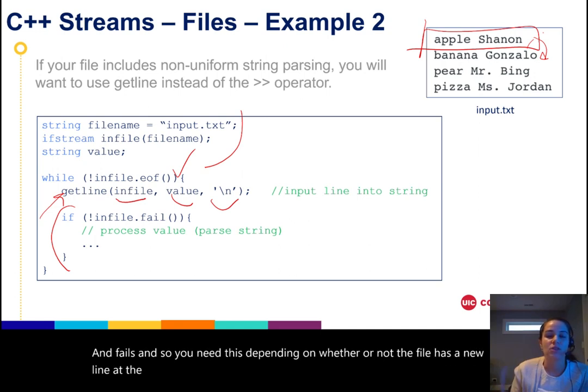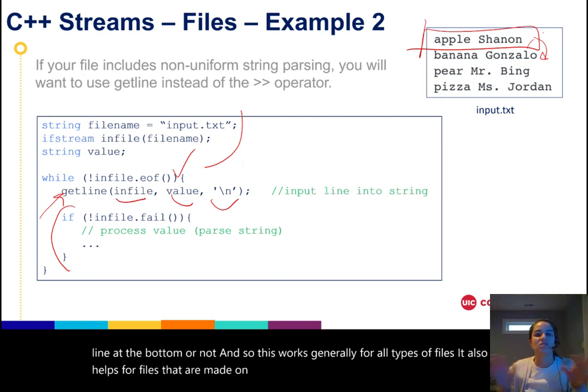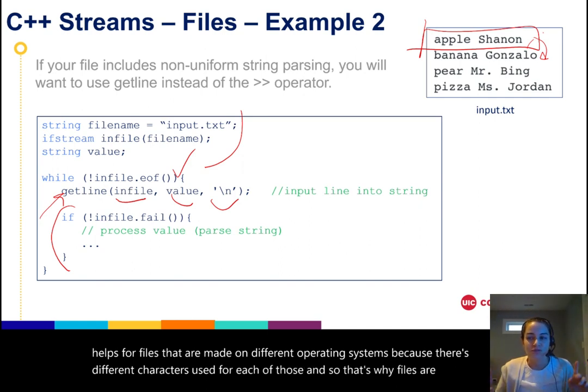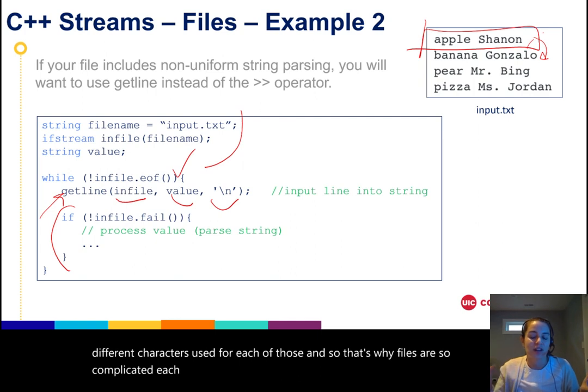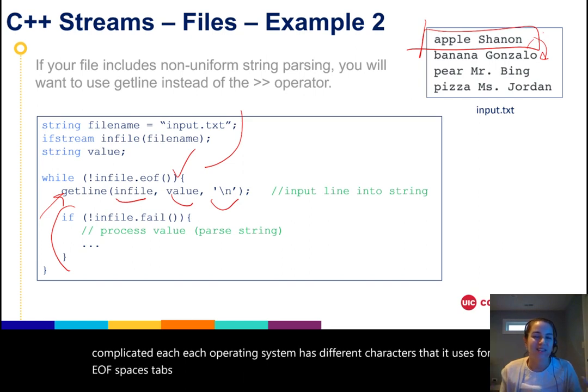This works generally for all types of files. It also helps for files that are made on different operating systems because there are different characters used for each of those. That's why files are so complicated. Each operating system has different characters that it uses for end of file, spaces, tabs, and stuff, and it makes for messy file reading.